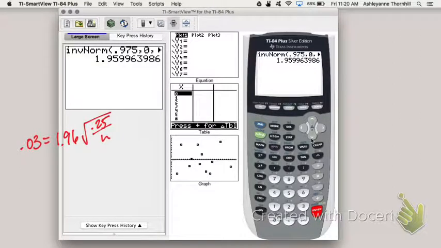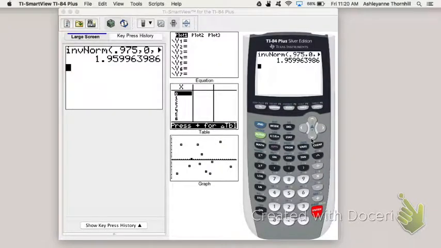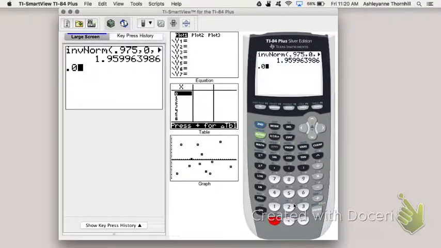Based on my formula, 0.03 equals 1.96 square root 0.25 over N. If I were solving this algebraically, the first step would be to divide by the 1.96 on each side. So in my calculator, I'm going to type 0.03 divided by, and then select the decimal and hit enter.